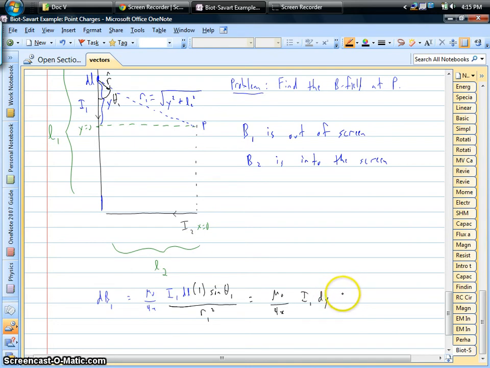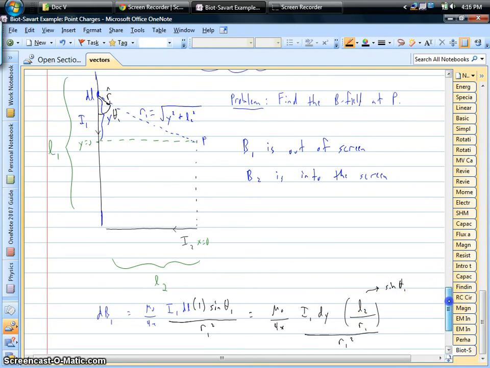Now, from our triangle, the sine of that angle is going to be L2 over the hypotenuse, which is r1. The whole thing is over r1 squared. Okay? So in the parentheses here, that's the sine of that angle. Make sure that makes sense based on the picture that we have, our triangle up there. Okay?